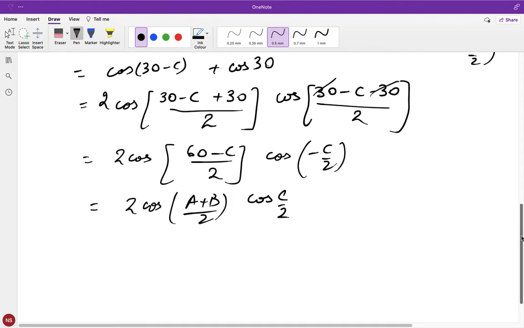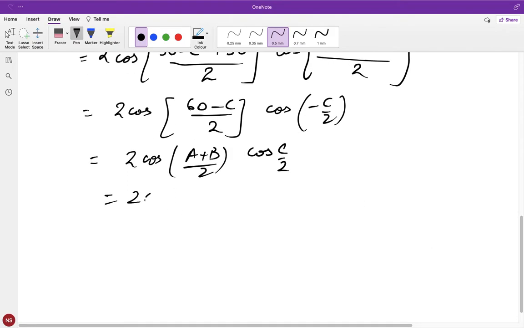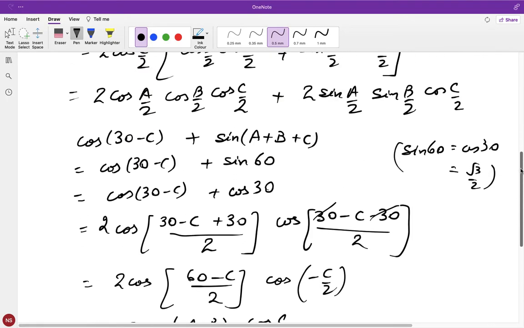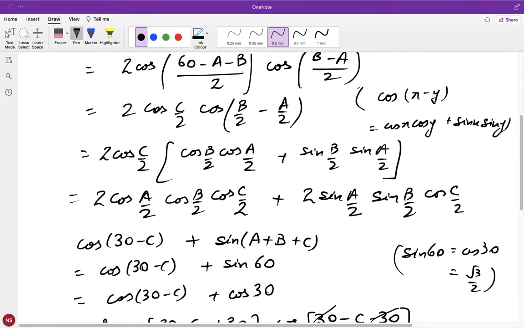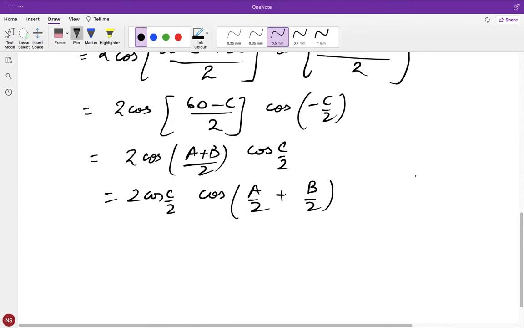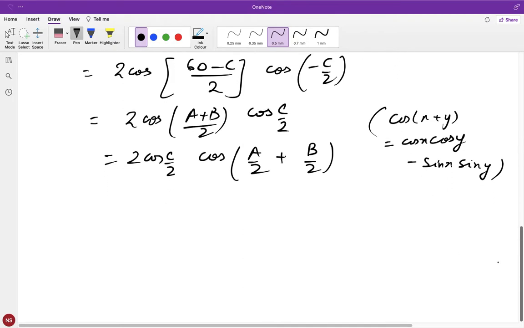Now what do I do here? 2 cos c by 2. I will write it as cos of (a by 2 plus b by 2), because I want to use this formula now. This one. So cos of (x plus y) is equals to cos x cos y minus sin x sin y. This is also a basic formula everybody should be knowing.